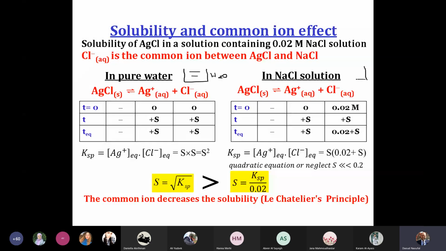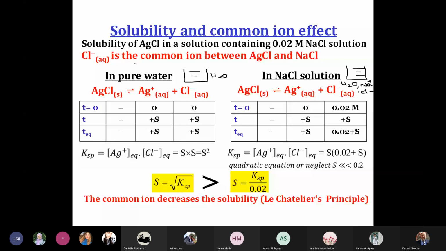In the second, you have a solution of H2O containing initially Na plus and Cl minus. So the question: what is the solubility in the case of pure water, and what is the solubility in the case of NaCl solution? So should we do calculations, or can we reach a conclusion directly from the beginning?